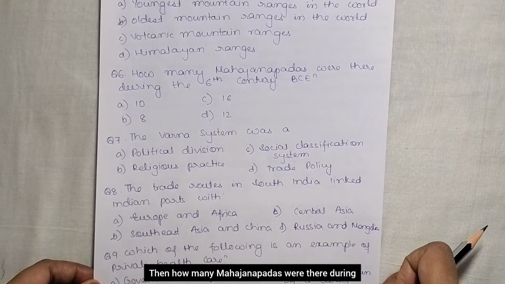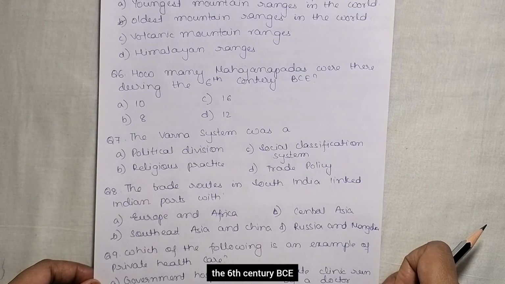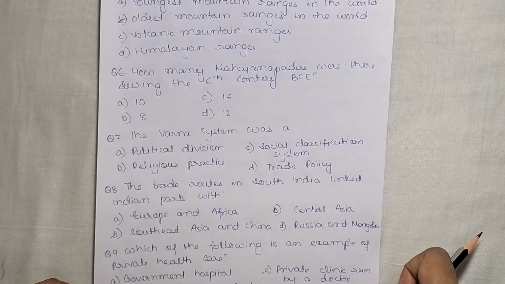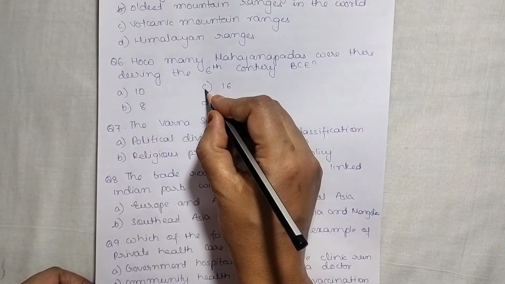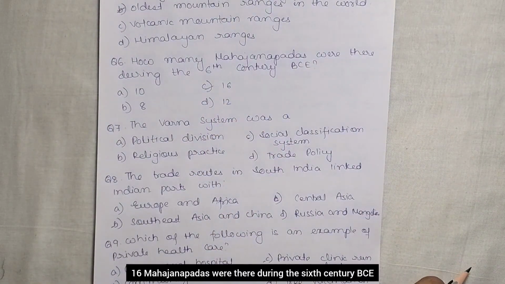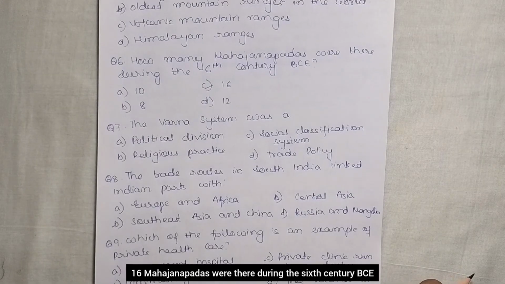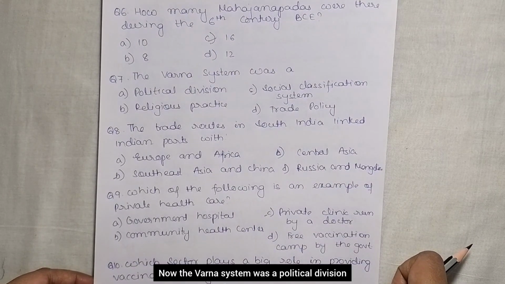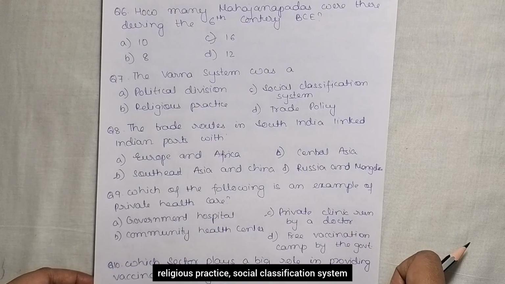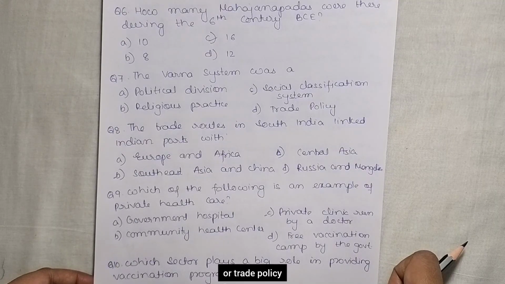Then how many Mahajanapadas were there during the 6th century BCE? The options are 10, 8, 16, 12. So the correct answer is 16. 16 Mahajanapadas were there during the 6th century BCE. Now the Varna system was a political division, religious practice, social classification system, or trade policy.